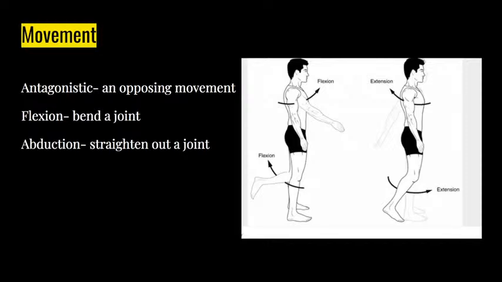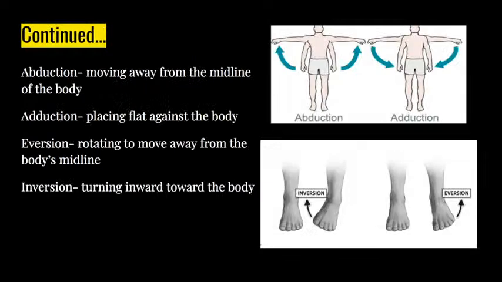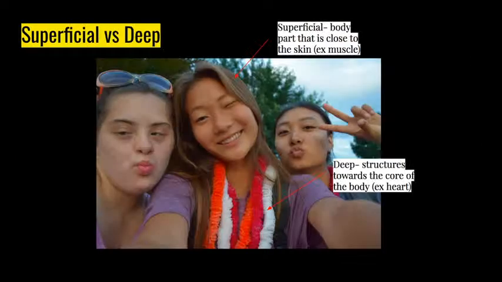I forgot, straightening out a joint is extension, not abduction. That's a typo. Then abduction is moving away from the midline of the body, and adduction is placing flat against the body. Eversion is rotating to move away from the body's midline, while the antagonistic movement is inversion, where the body moves inward towards the midline.